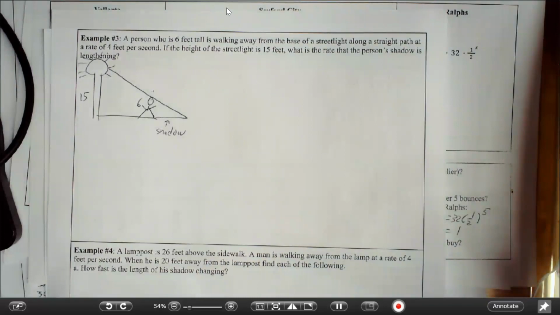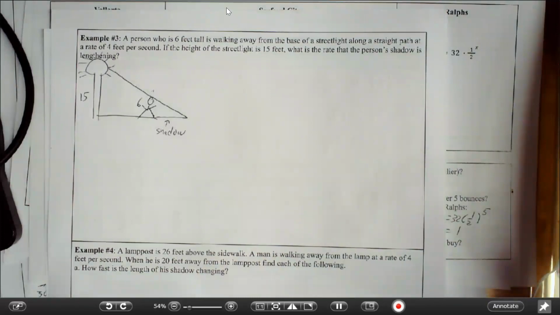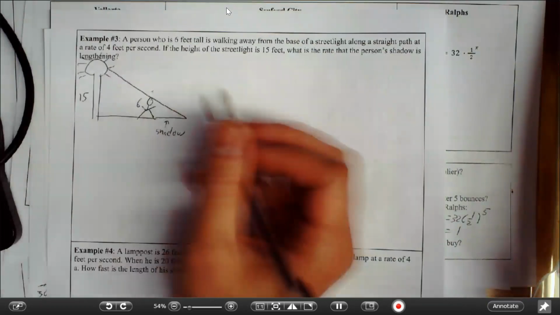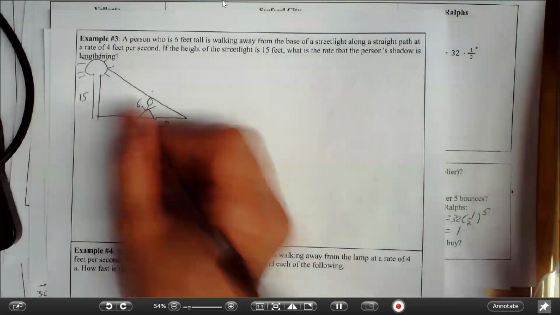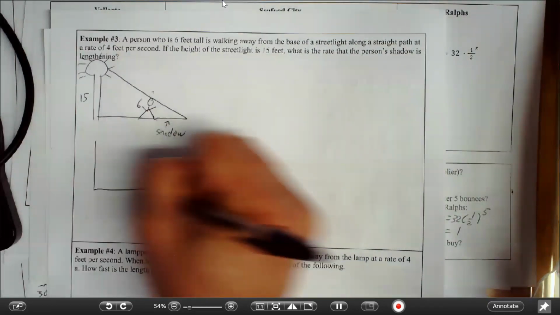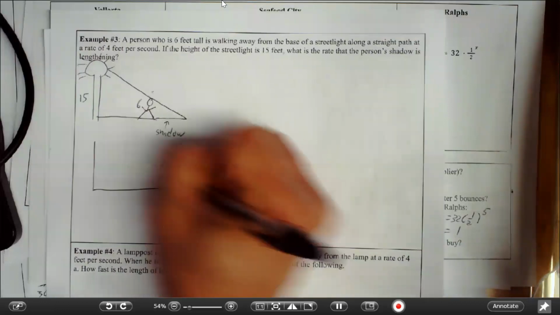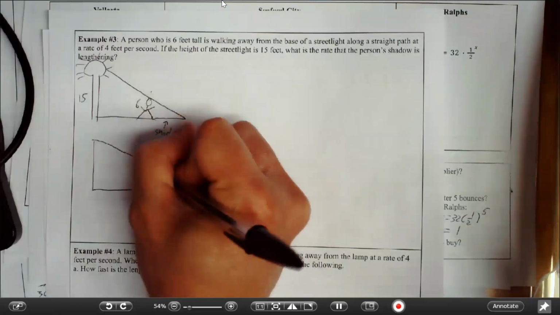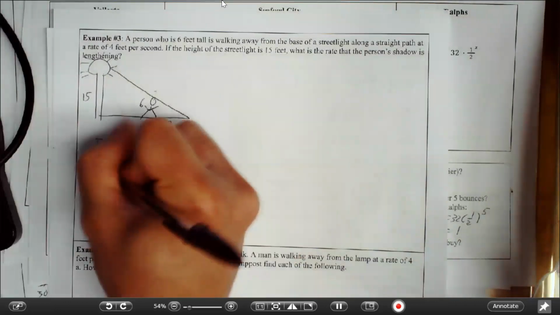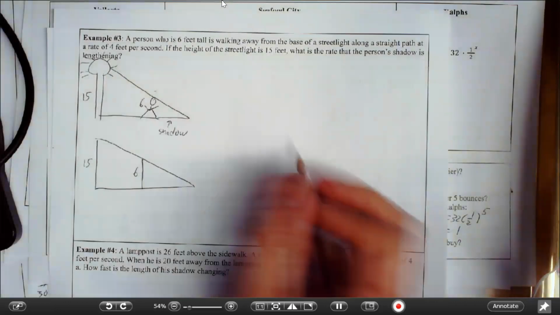Good. Now, if I turn this into a geometry problem, this looks like a triangle you probably seen in geometry where there's like this thing in the middle. And now this is 6 and I know this is 15. And let's just call these different letters.